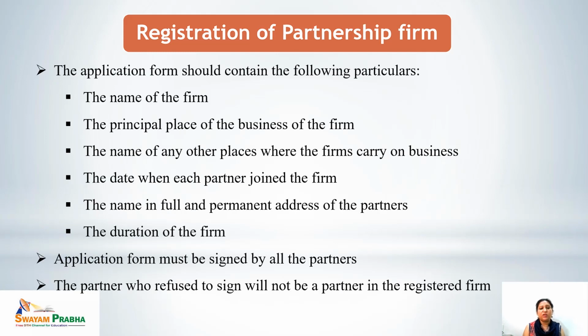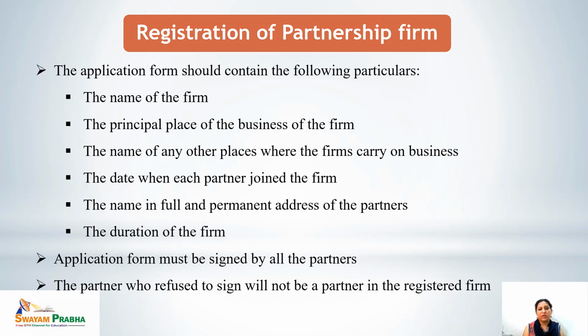The application form should also contain particulars like the name of the firm, the principal place of the firm, the names of any other places where the firm carries on business, and the date when each partner joined the firm. Means it would include information about each and every partner, the name in full and permanent address of partners, and the duration of the firm.